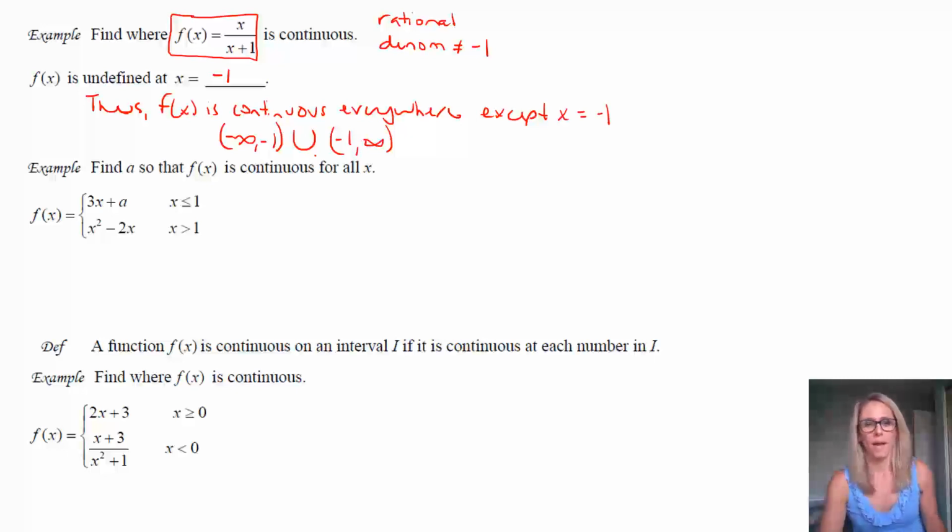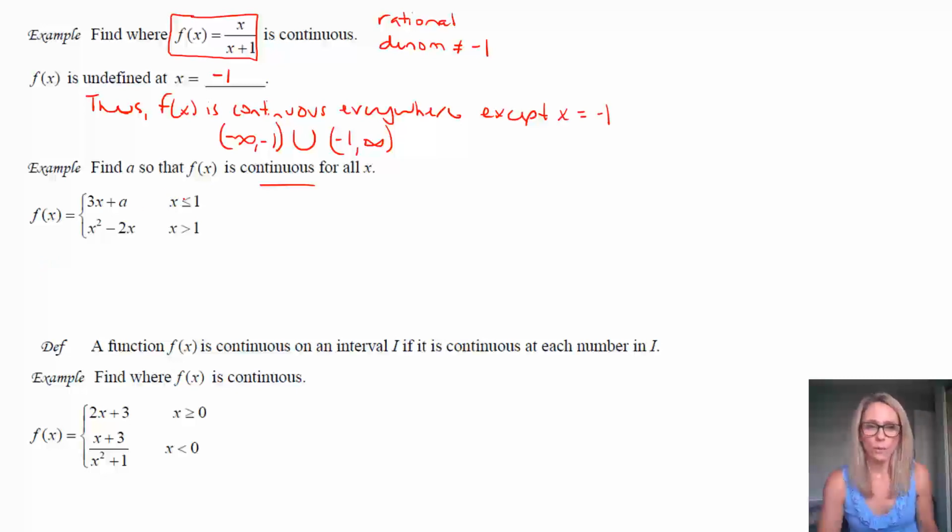Okay, now we have find a so that our function is continuous for all x. And we've seen a little bit of this when we talked about limits, but it was literally more about limits. And that's actually what comes back here anyway, so it makes sense. But, talking about continuity, the way to do this would be to first think about those 3 conditions that we need.